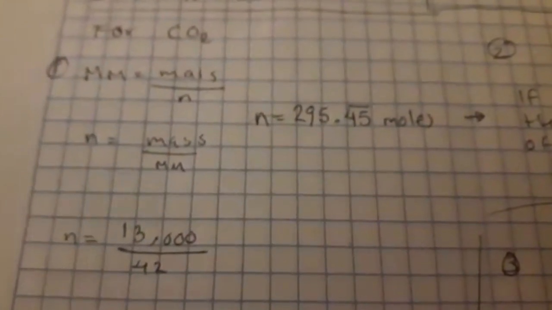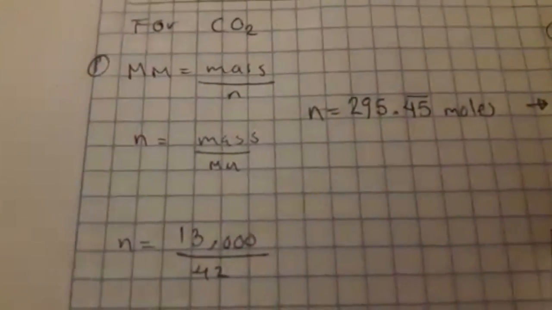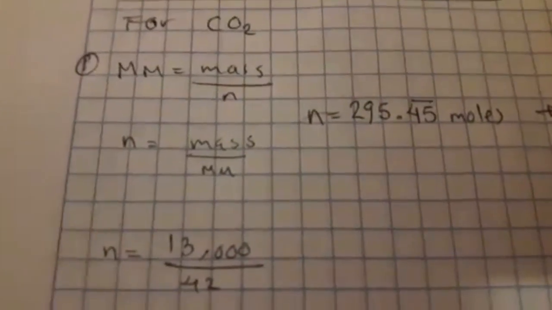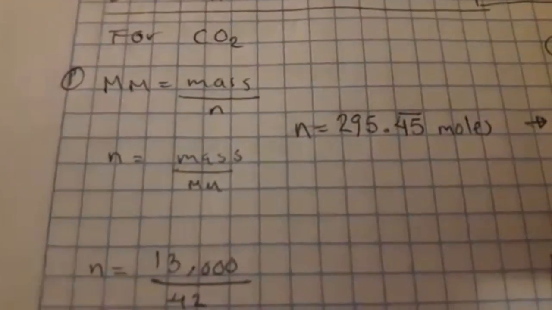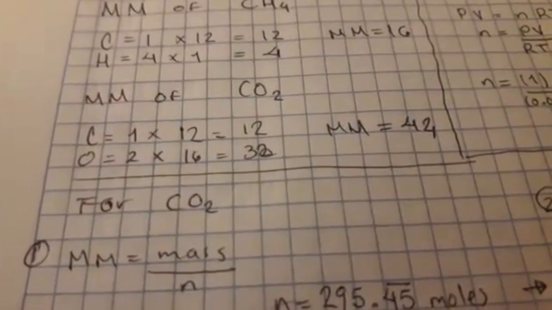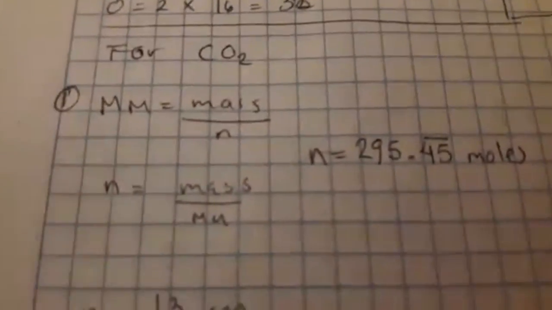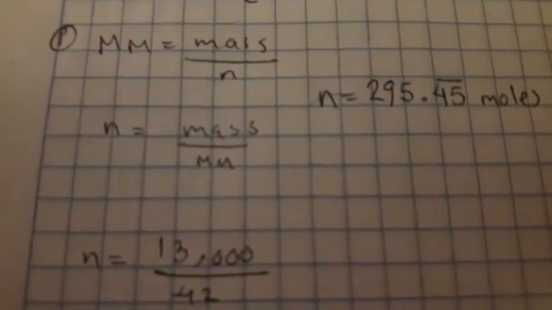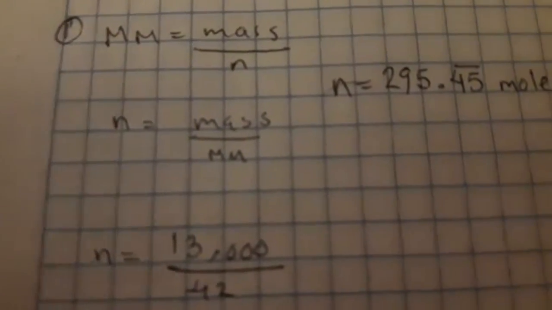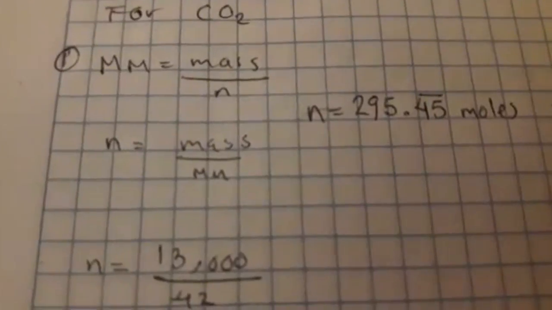Then for CO2 we calculate molar mass, since we have mass. The molar mass of CO2 is 44. Then we make this procedure. We solve for n, which is number of moles.